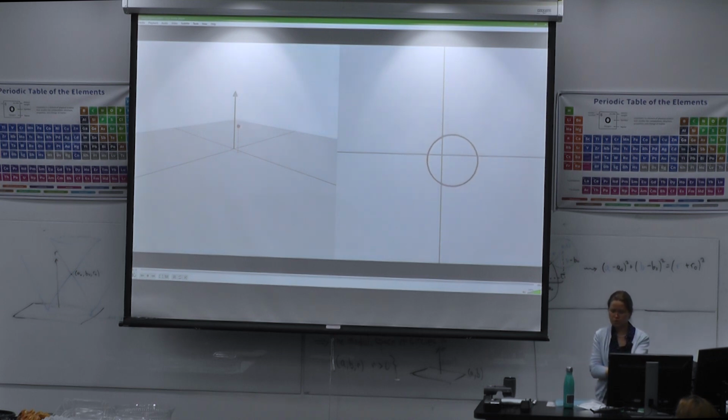In a moment, we're going to fix a particular circle, and these moving circles that are coming in are different circles that are tangent to this fixed circle. Let's see what happens.